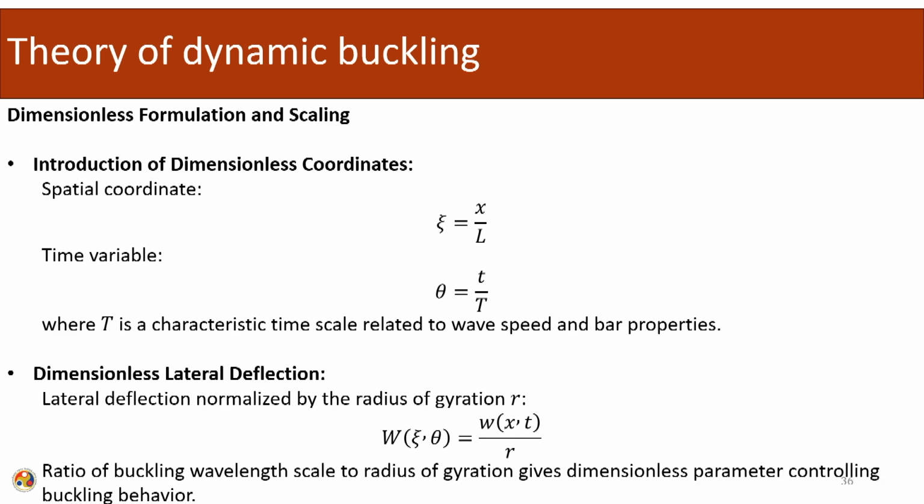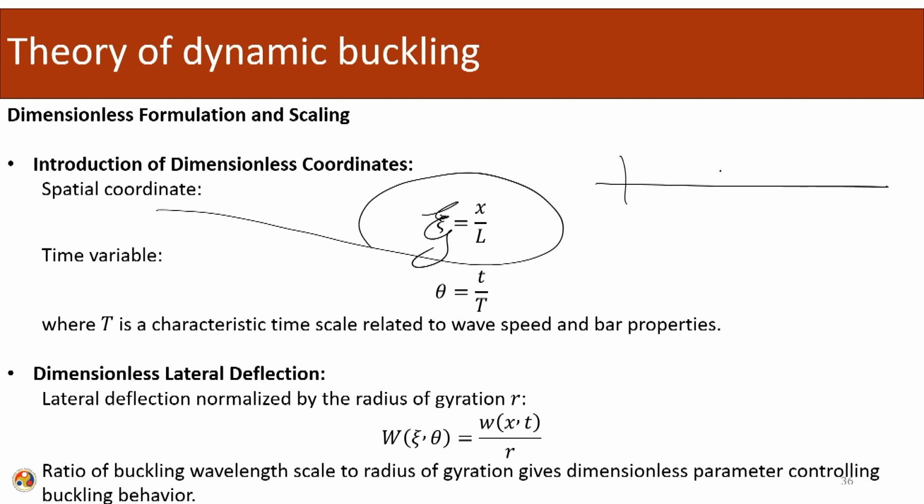Now again we are introducing some dimensionless formulation for scaling purposes. In the space coordinate, we are scaling with zeta. Zeta is the ratio of the length at any point to the total length, so x over L becomes zeta.